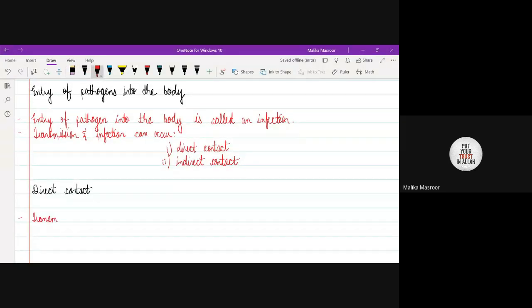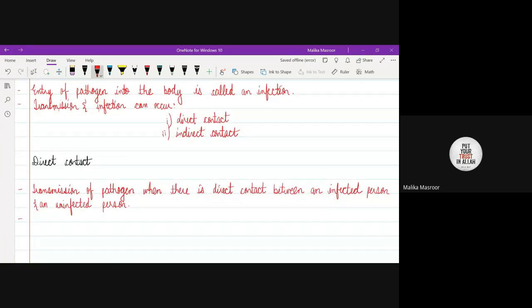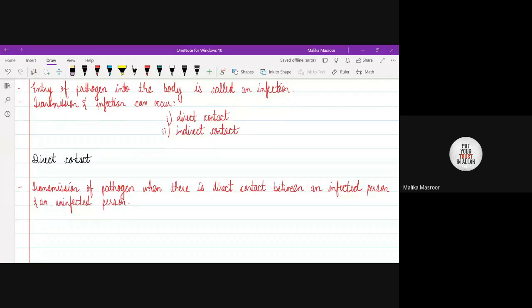Examples are HIV, and fungus that causes skin infection, like athlete's foot and ringworm. All of these can be caused by direct contact.